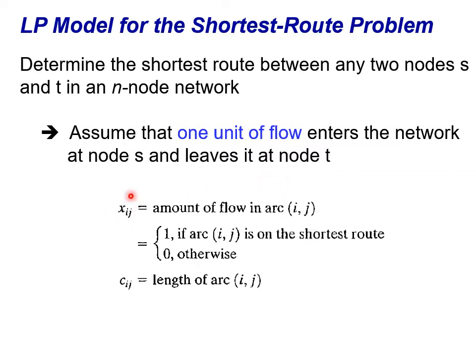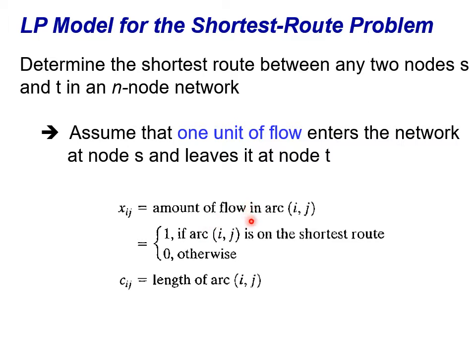We will represent our decision variable as xij, which will be the amount of flow in arc ij. But there is one restriction here. The amount of flow in the maximal flow problems could take any values. They could be integer values, or they could take decimals as well. For example, 2.5 units of flow is possible.